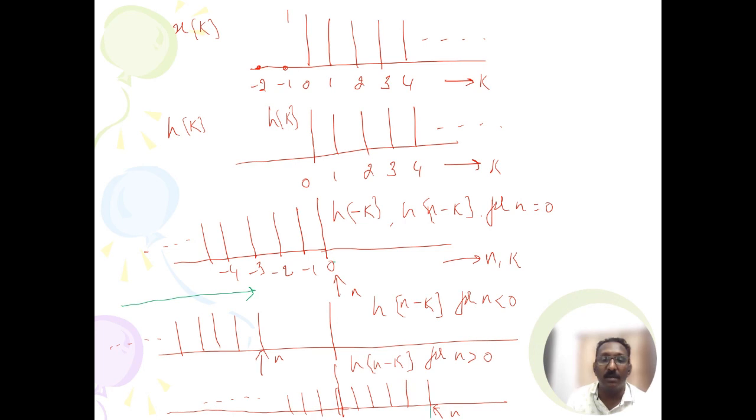Whatever may be the value of n, the overlap portion is always from 0 to n, because we are convolving two causal sequences, both x of k and h of k available only for positive values of n.